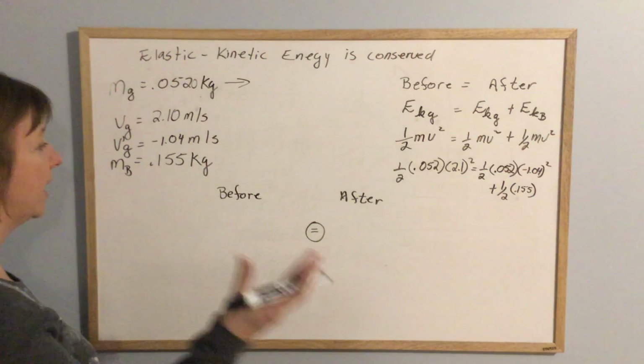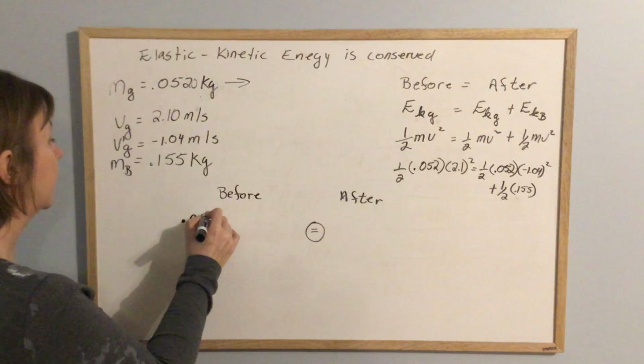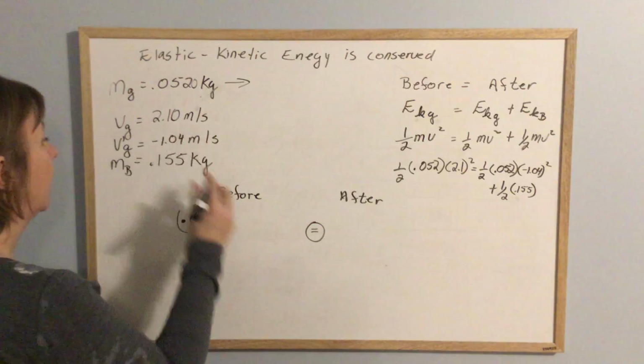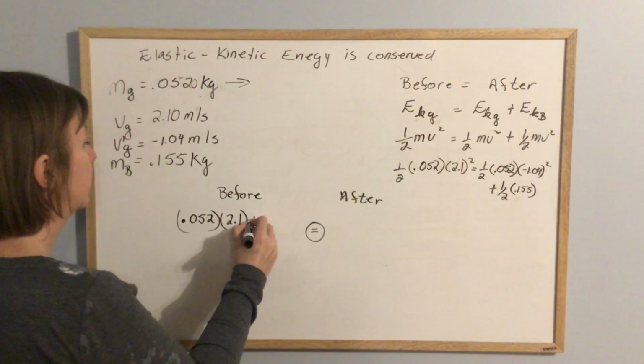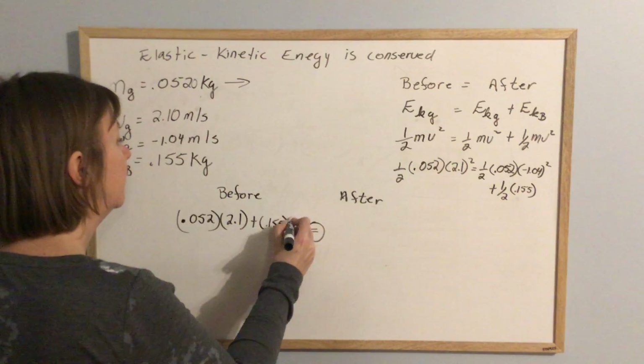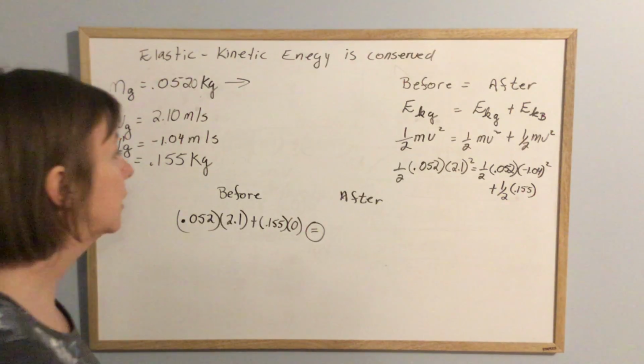Momentum is mass times velocity. So before the collision, the golf ball is 0.052, and its velocity is 2.1, plus for the billiard ball, the mass is 0.155, but the velocity is 0 because the billiard ball isn't moving before the collision.